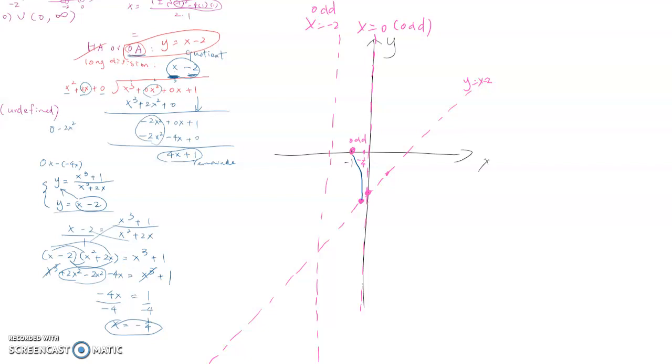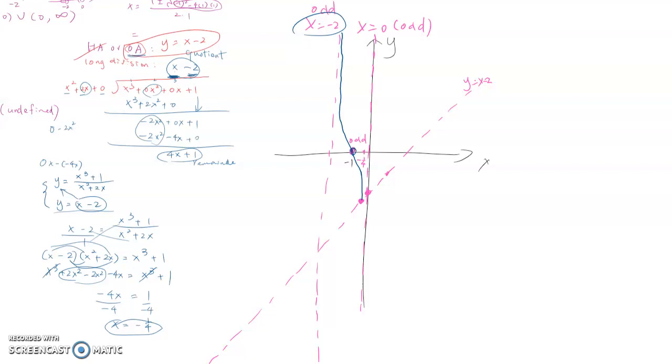Okay, since the multiplicity for this x-intercept is odd, our graph will pass it and go up all the way. Since the multiplicity for this vertical asymptote x equals negative 2 is odd, if one side is going up, the other side will go down.